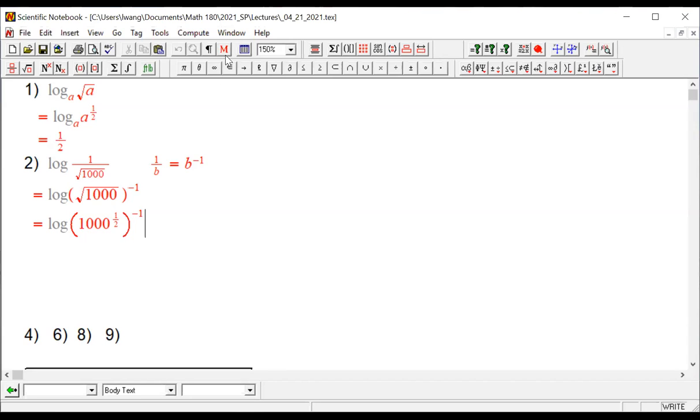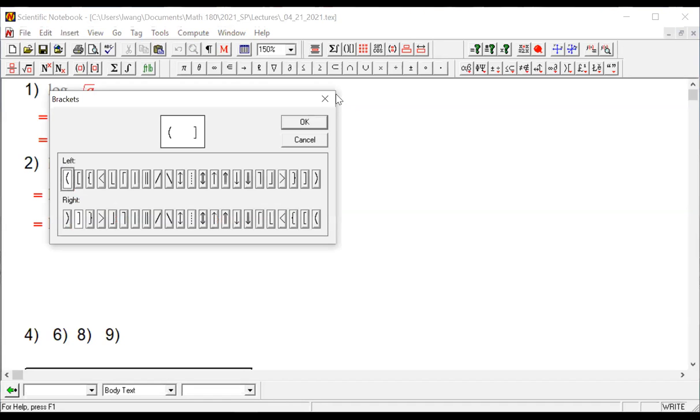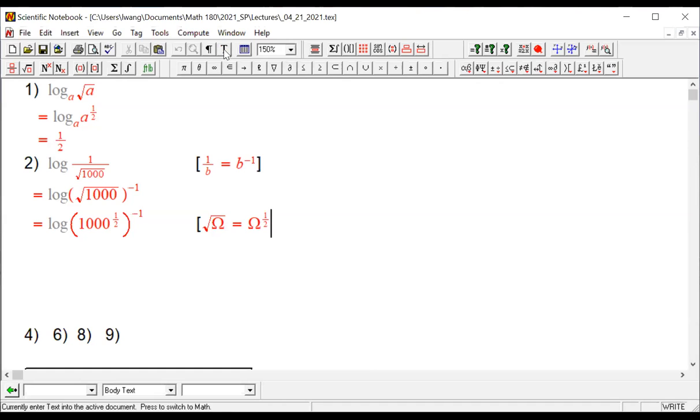What he used here is that the square root of something, omega, is omega to the power of half. So I'm just putting some notes for your convenience. You don't need to when you show your work.